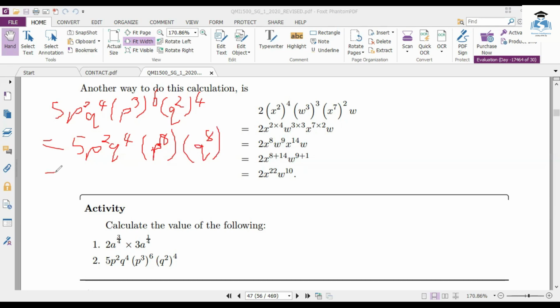And then it will equal 5p to the power 20, since you are adding 2 and 18, and then q to the power 12. So that's the answer. Don't be confused with all this.